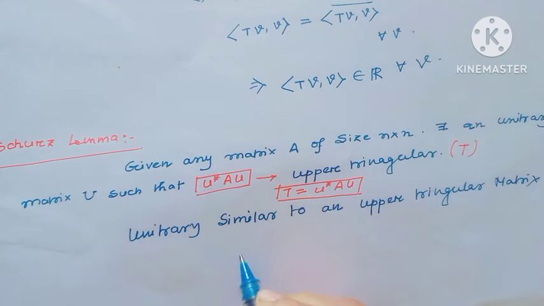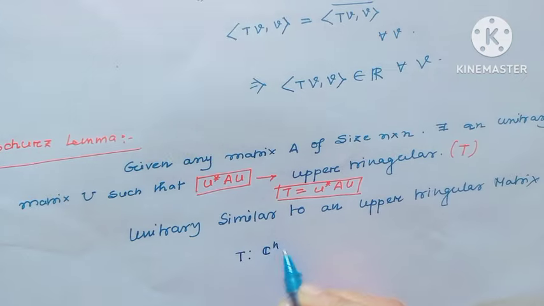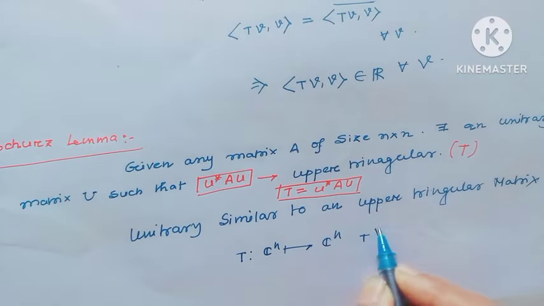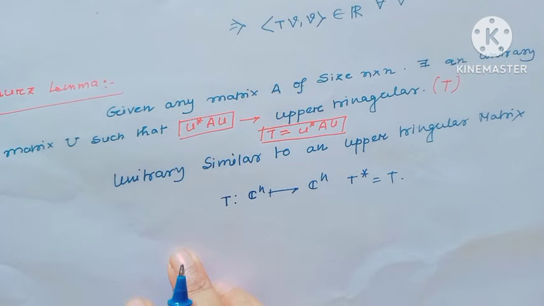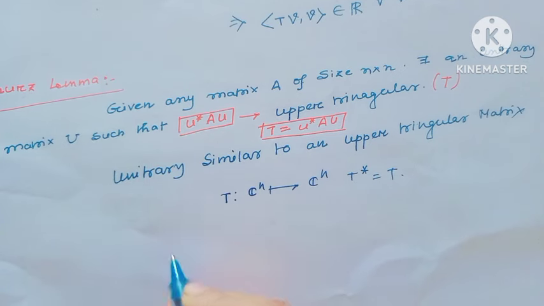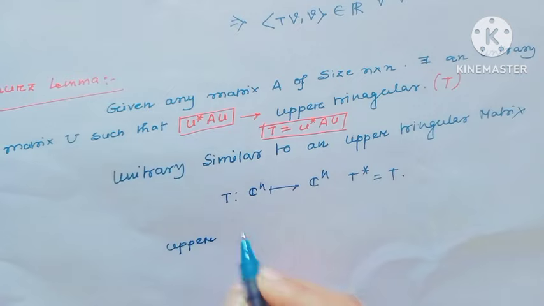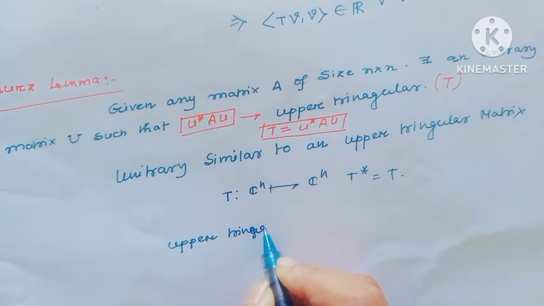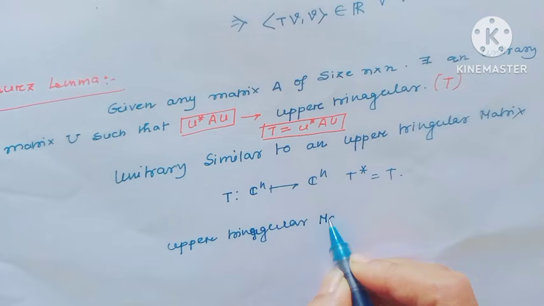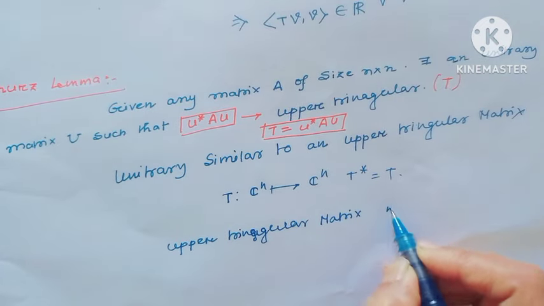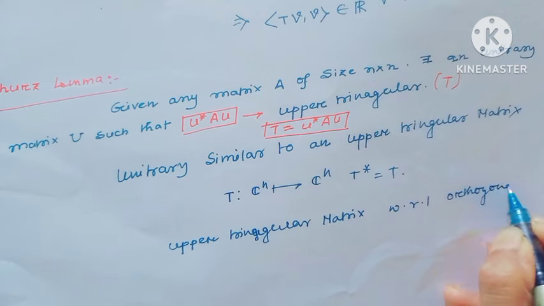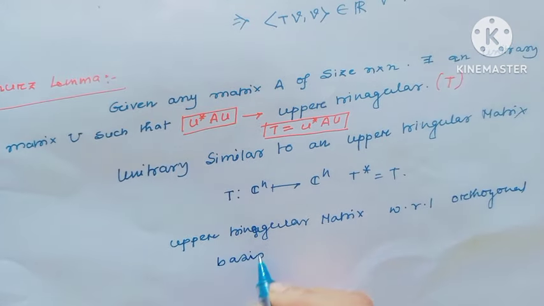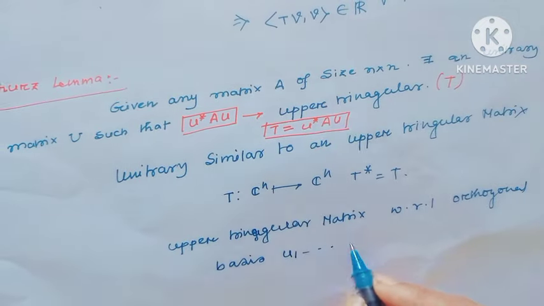When the operator is self-adjoint, consider T a mapping from Cn to Cn such that T star equals T. Then by Schur's lemma, there always exists an upper triangular matrix with respect to an orthonormal basis u1 up to un.